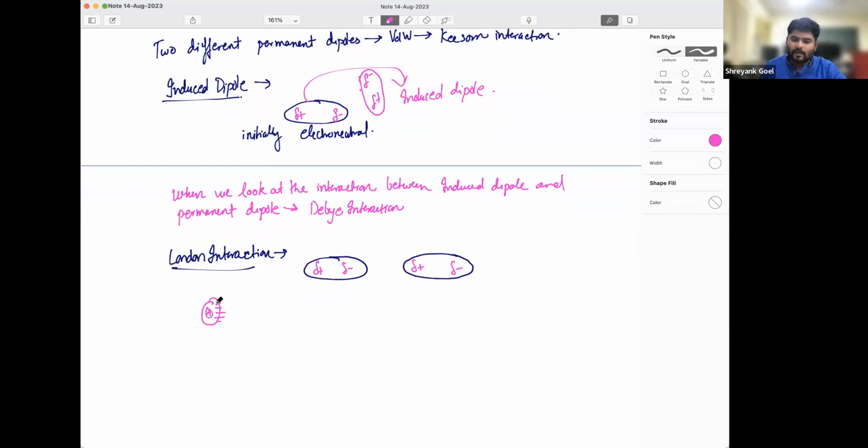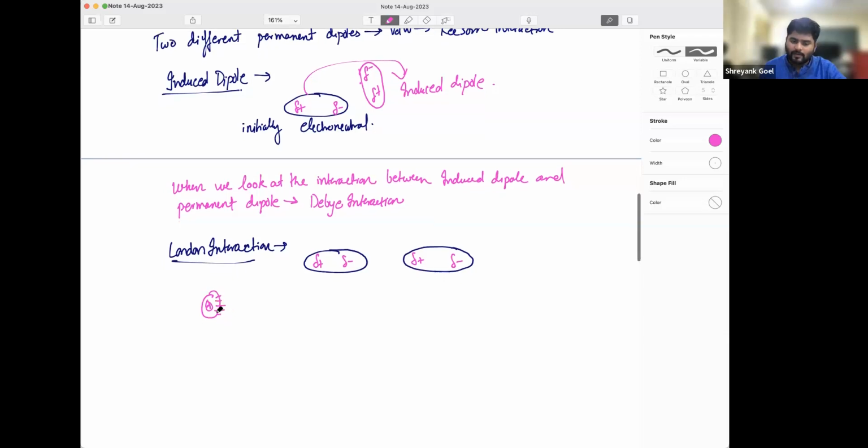When some negative charge accumulates at one side due to some disbalance inside the atom, it is delta negative, and so the whole molecule now has an induced dipole.